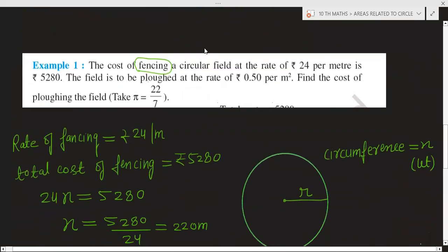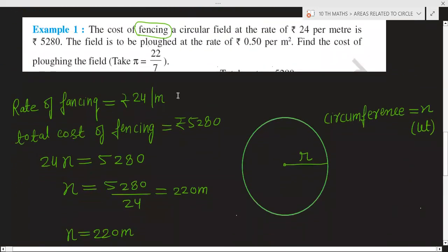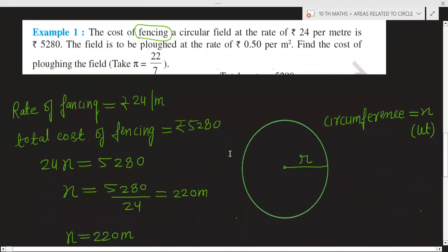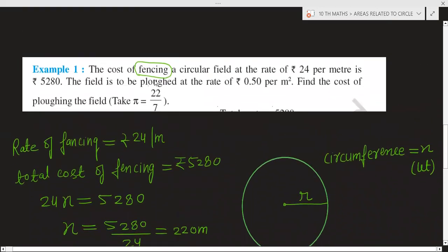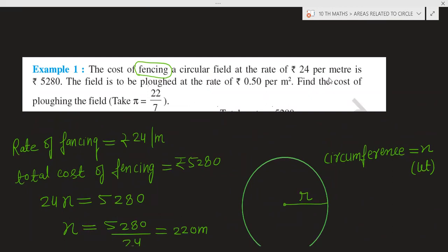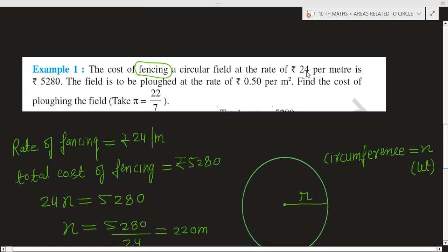Understanding, Azaan? Yes, sir. What you have to do: they are saying the cost of fencing a circular field at a rate of 24 per meter, meaning for 1 meter of fencing you have to spend rupees 24, and the total cost of fencing is given.